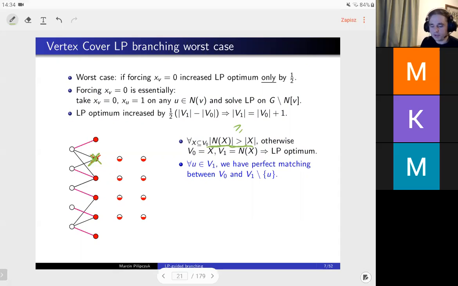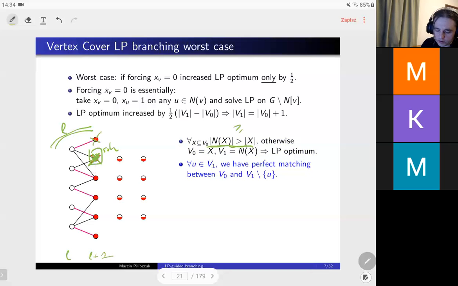So you have the property that whatever guy you kill from V1, you still have a perfect matching from left to right. Which means that even if there are L guys here and L plus 1 guys here, and you take one guy into the solution, you still need to take L guys here. If one guy from here is in the solution, you still need to take L guys from here.